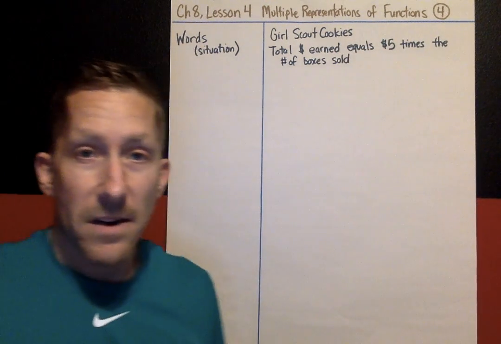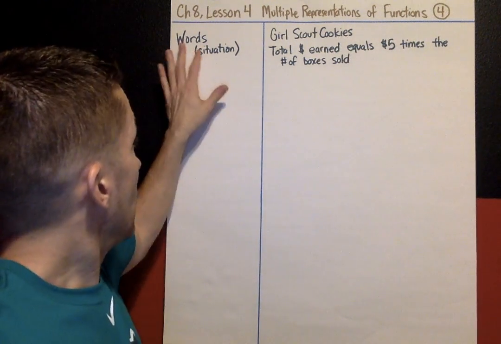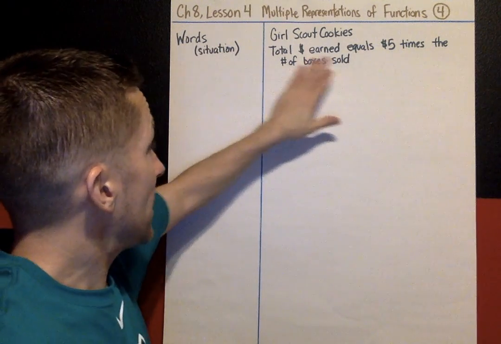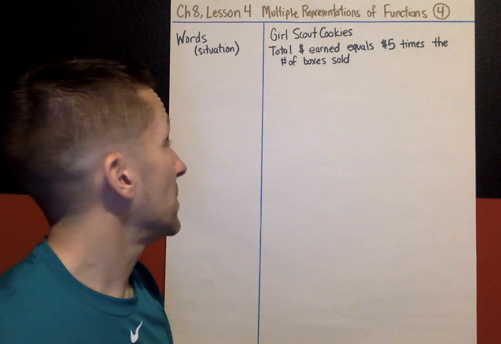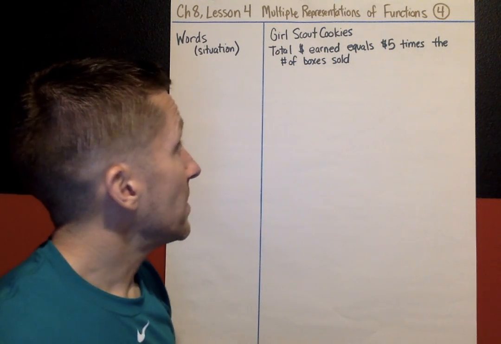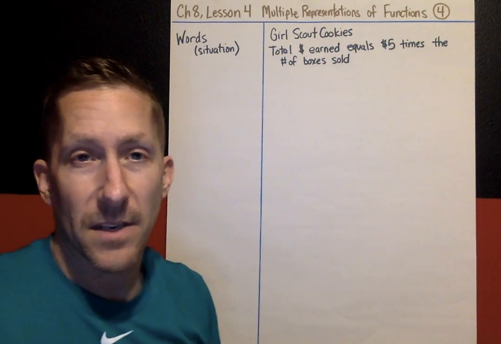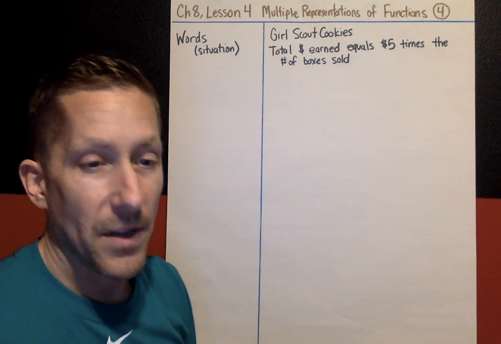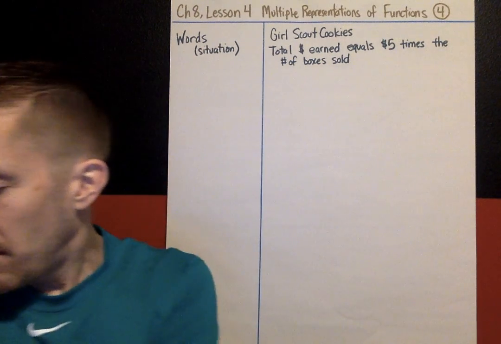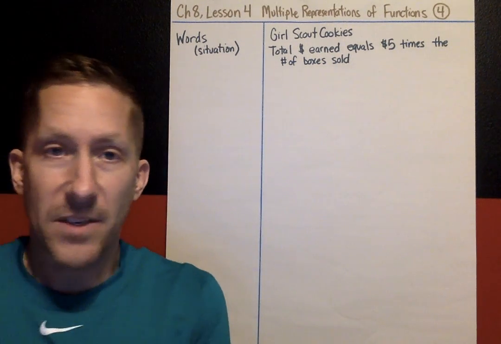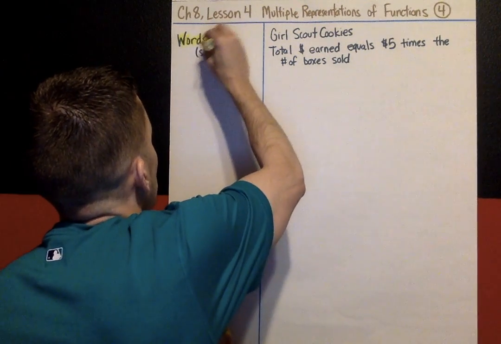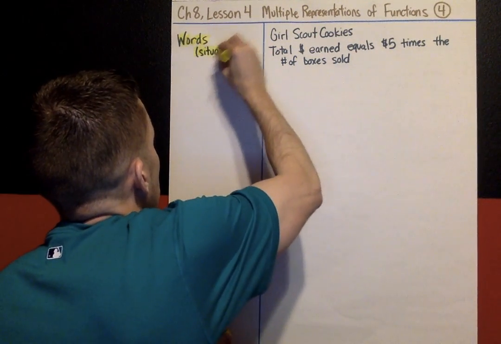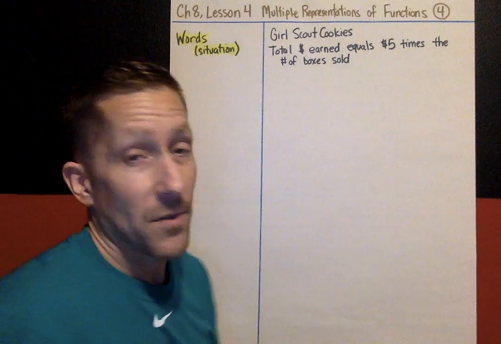All right, so there is words that could also describe a function. There's a function in these words here. Total money earned equals $5 times the number of boxes sold for Girl Scout cookies. So that is the first representation, is words or a situation or a story.